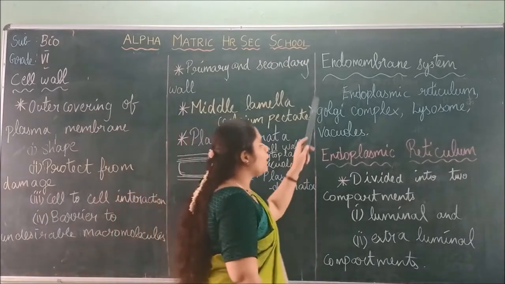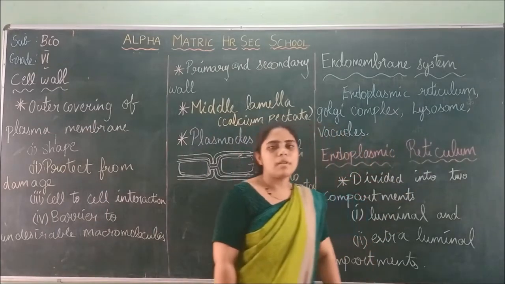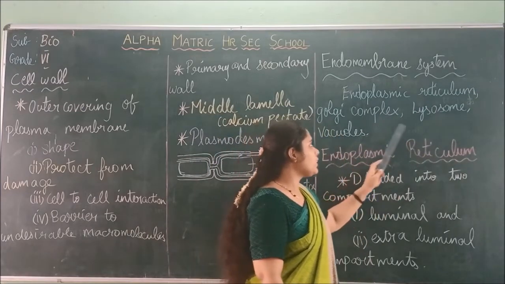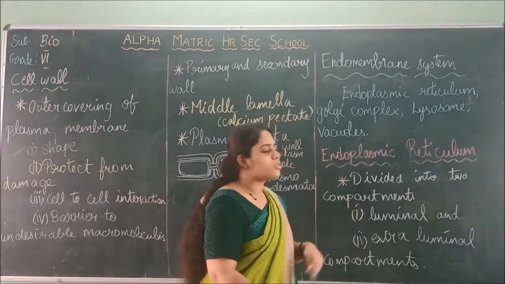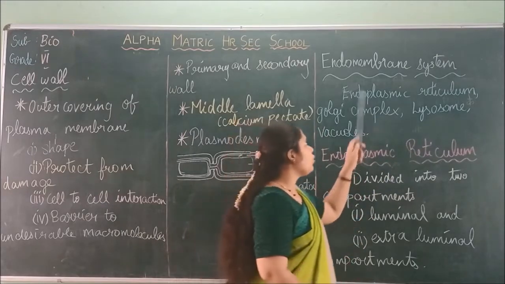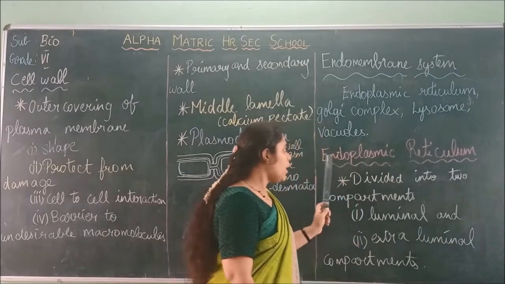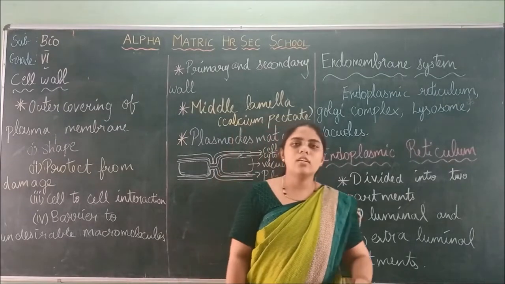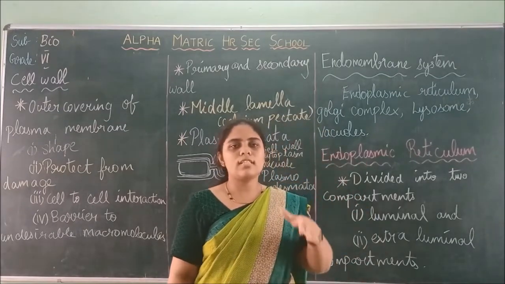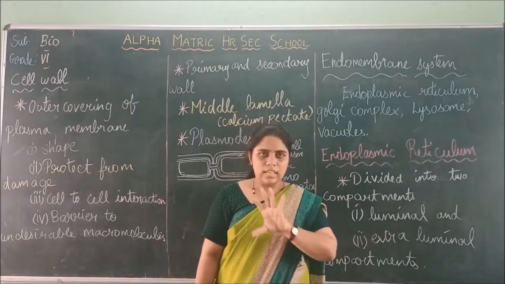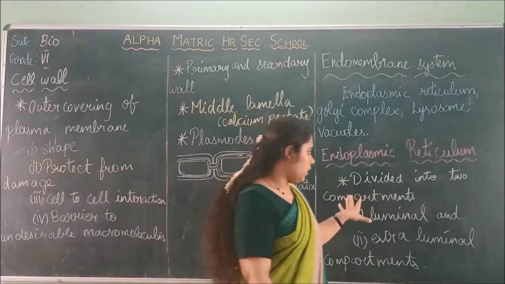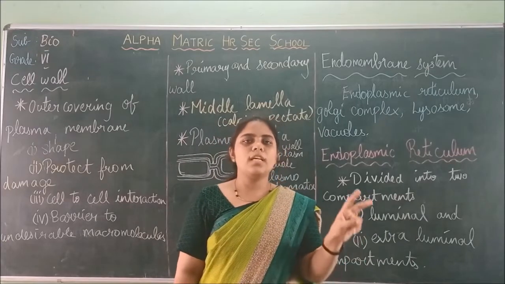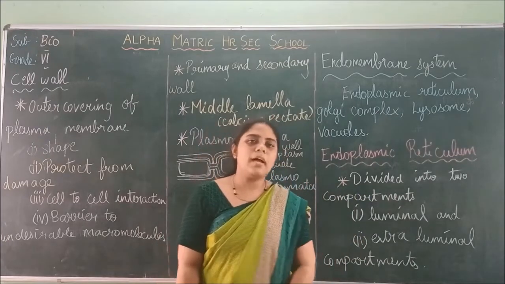And then we saw about the endomembrane system. The endomembrane system consists of endoplasmic reticulum, Golgi complex, lysosomes and vacuoles. These organelles together form the endomembrane system. After that we saw about endoplasmic reticulum. It consists of many foldings, it is a continuous channel, and it is divided into two types: rough endoplasmic reticulum and smooth endoplasmic reticulum.